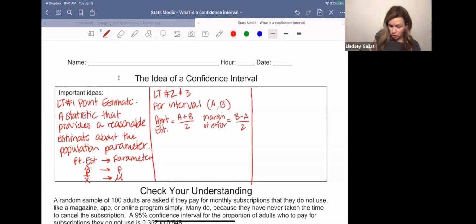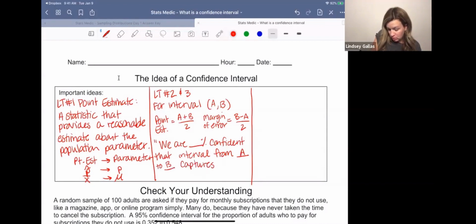Now we can also do an interpretation for this. So again, in quotes, what I'm going to put here is: we are blank % confident that the interval from, in this case, A to B, captures the true, and then I'm going to put parameter in context.